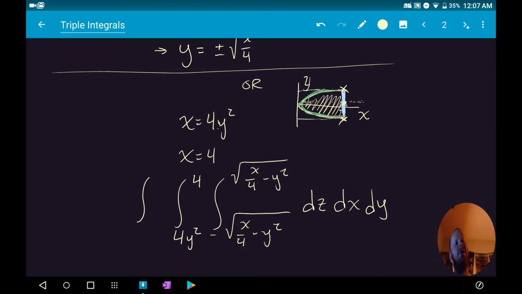I guess what I wanted to get across with that is we would have to find these intersection points. But again, this is the circle at the flat end of our shape. So y is just going to be between -1 and 1 because that circle had a radius of 1.